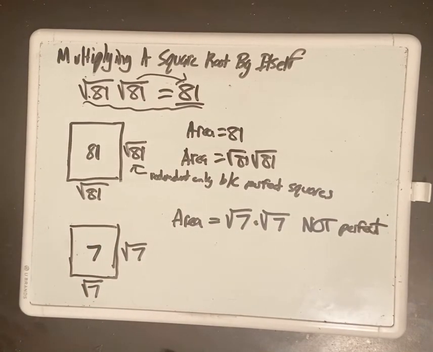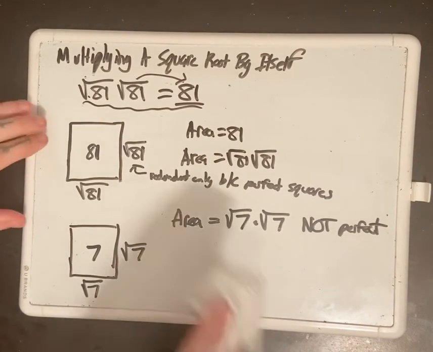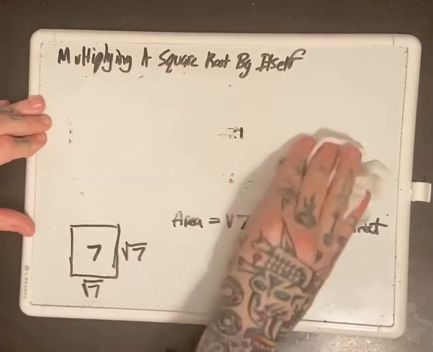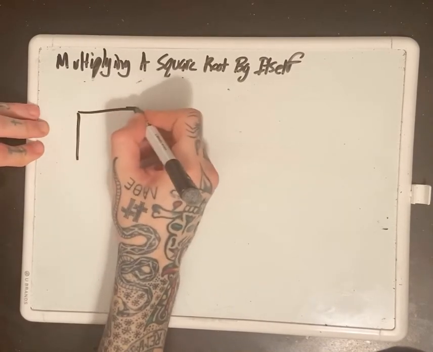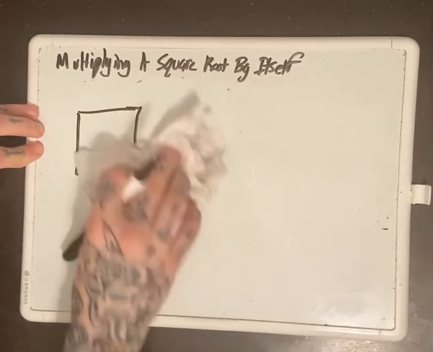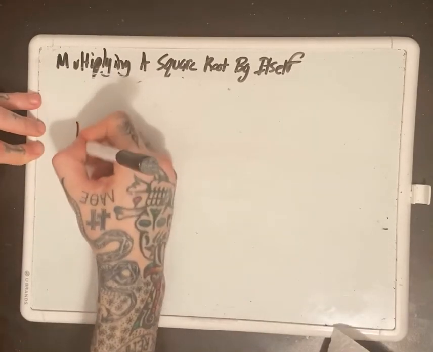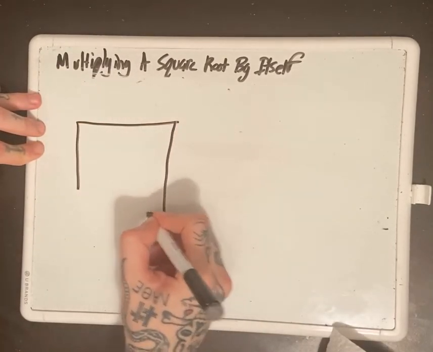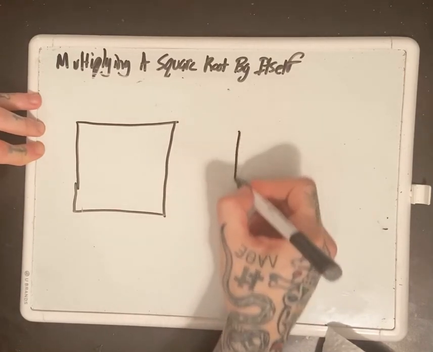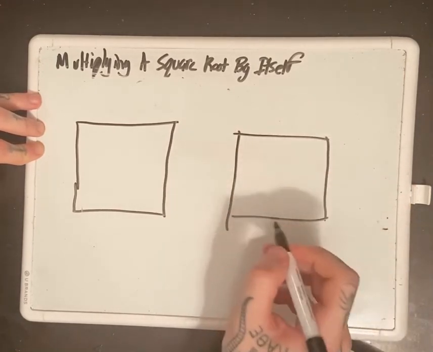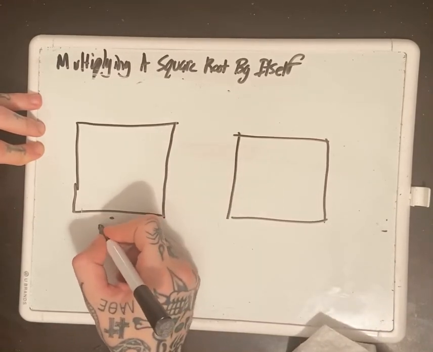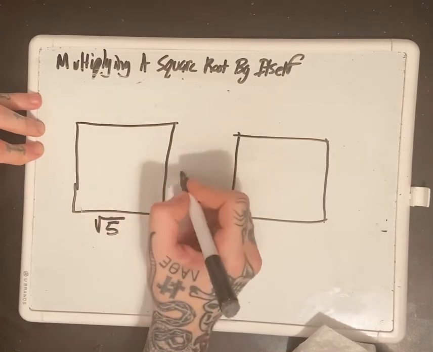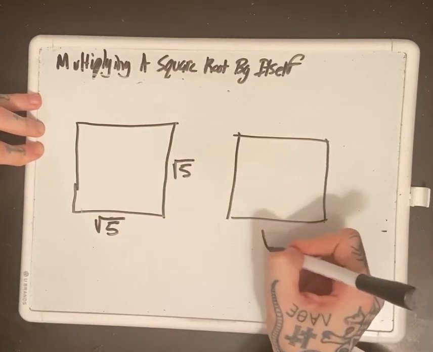Right, so let's see a few more of these. So let's make this the square root of 5 and this the square root of 5.